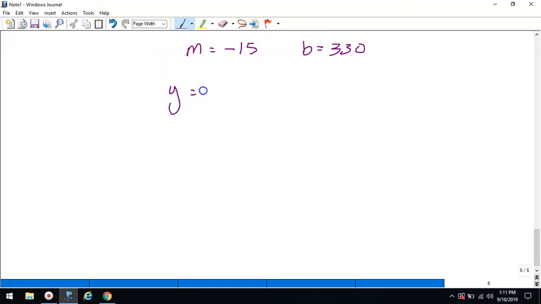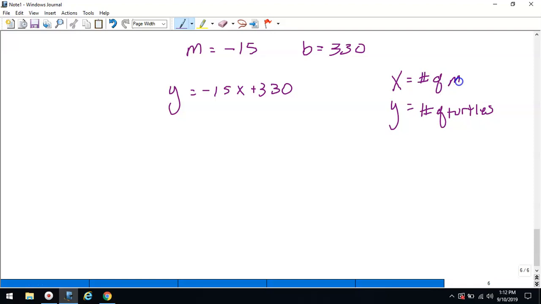So y equals negative 15x plus 300. Now, what are my x and my y? My y value is the number of turtles that I have. And my x value is the number of, are they using days? Oh, a month, the number of months.